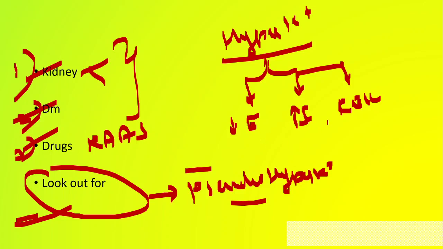Apart from this, increased intake, cellular shift, and endocrine causes are all very rare. This is what you are going to see. So let's see why this pseudohyperkalemia can happen. If I use some other terminology, why are these false reports coming?